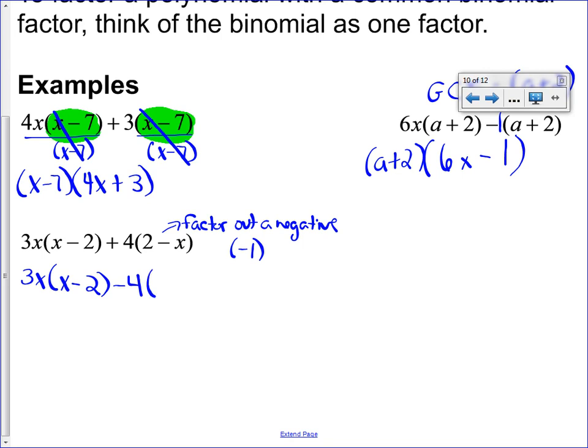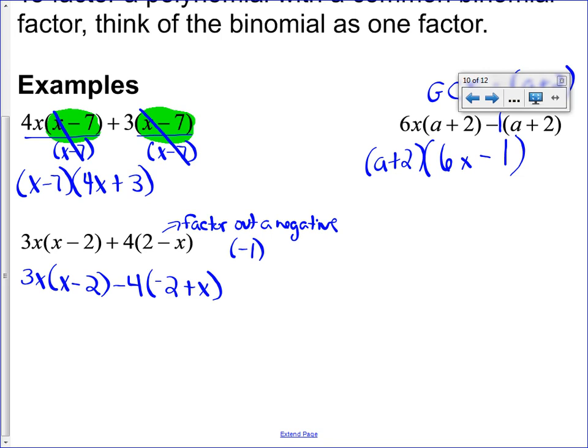And then everything inside this bracket becomes its opposite. What's the opposite of 2? Negative 2. What's the opposite of negative x? Positive x. So now, even though they're written in a different order, I still have 2 as negative and x as positive. This is a common binomial.